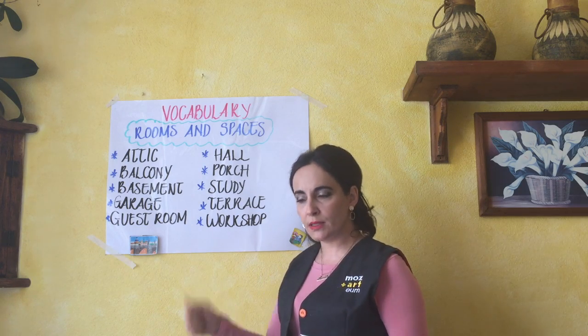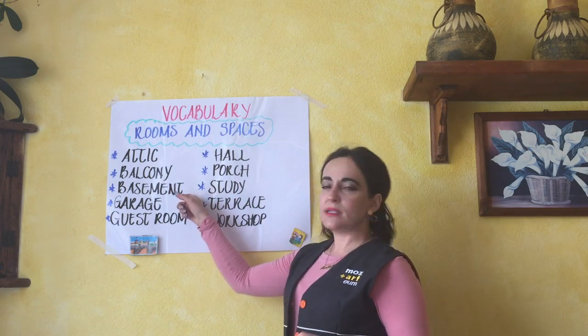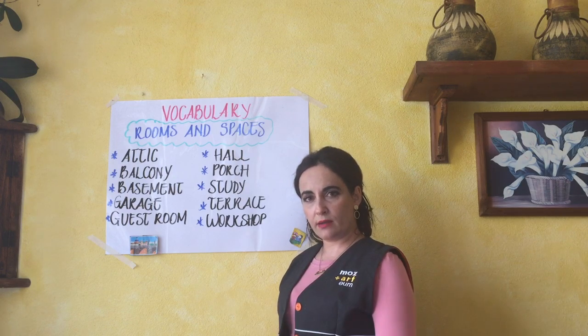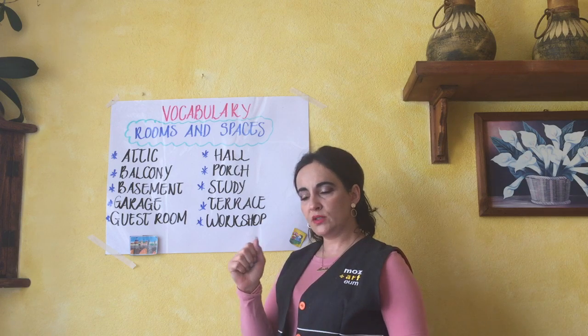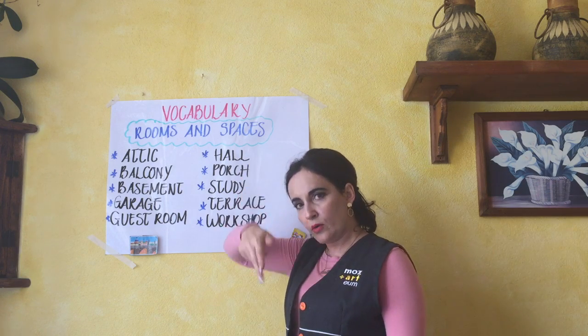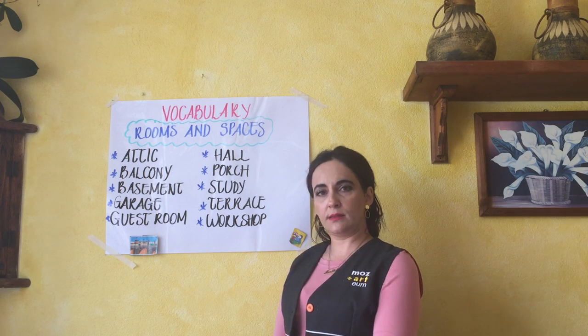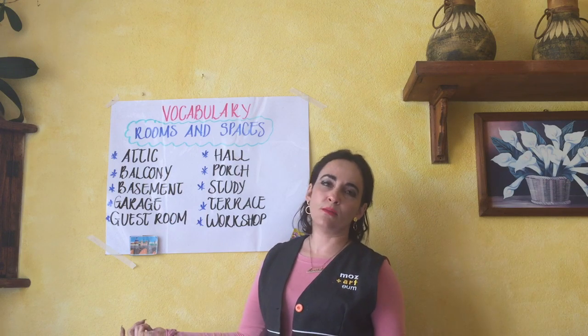You have to open the door and get out, and that's a balcony. The basement is underground. Imagine that we are downstairs and we open a door and we walk down those stairs and we get to the basement.